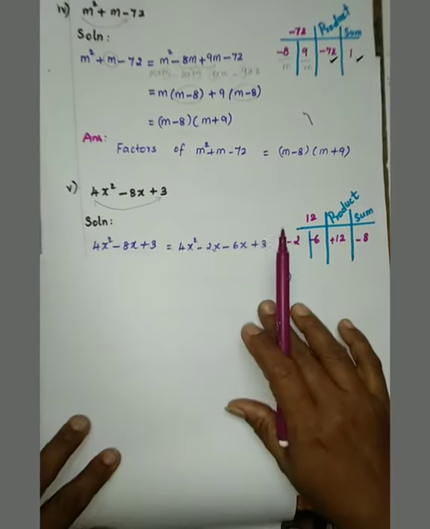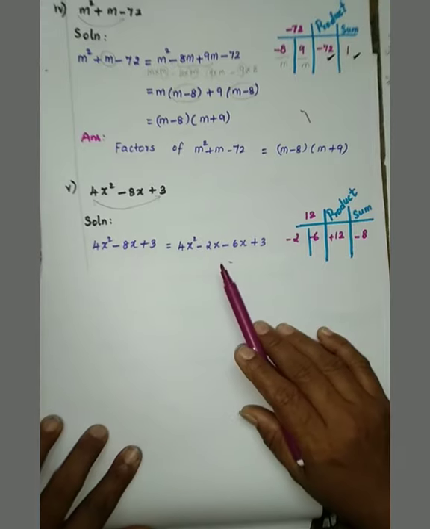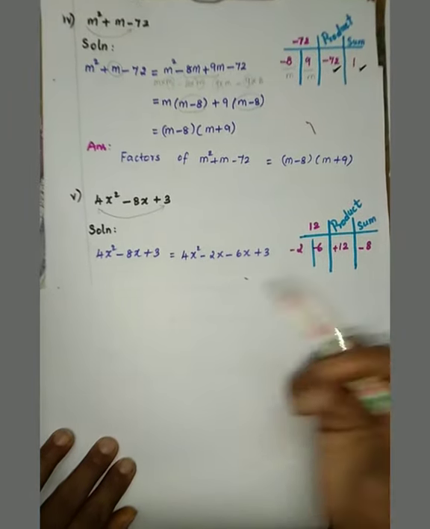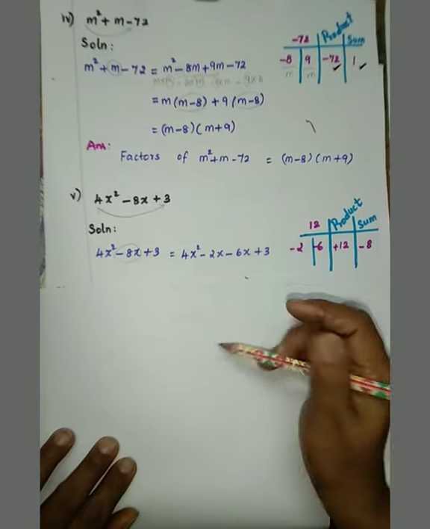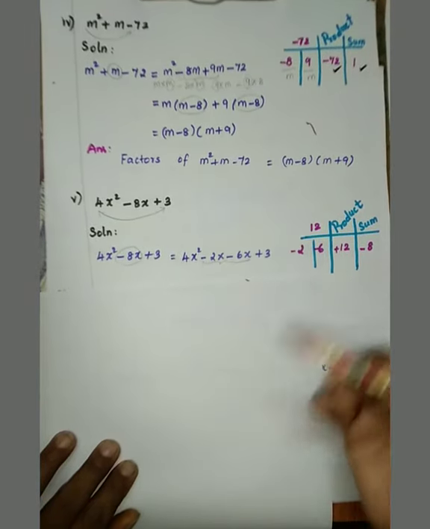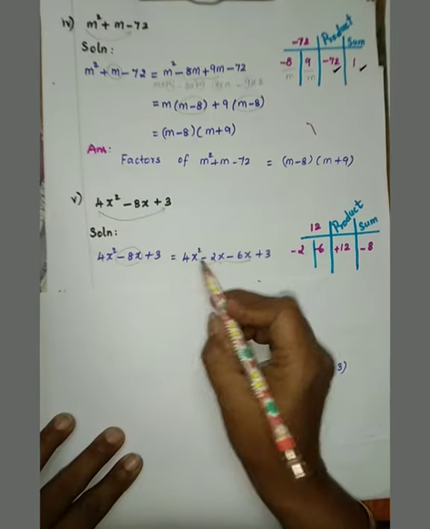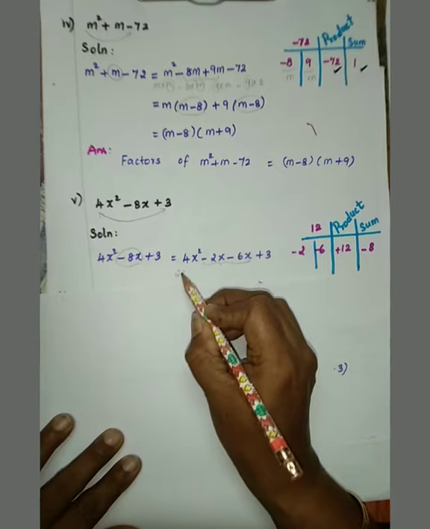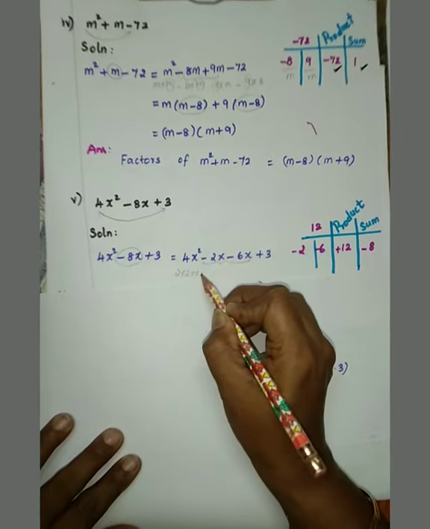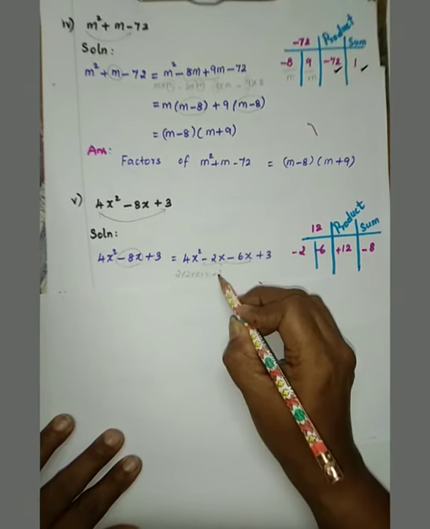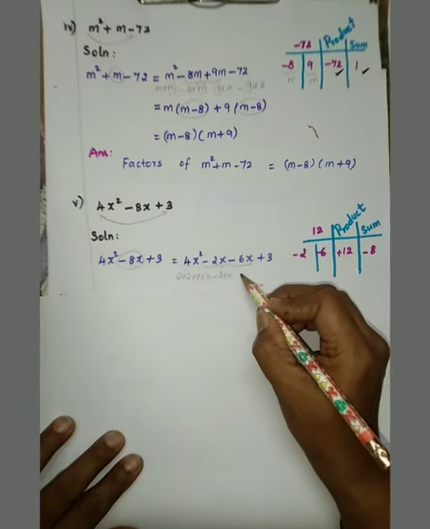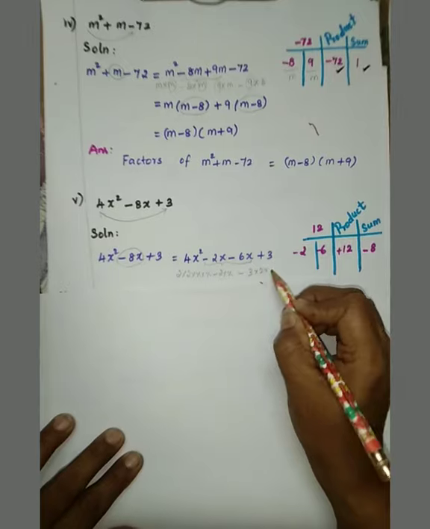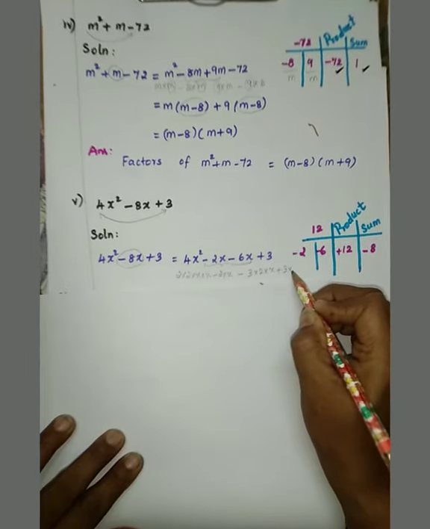So this minus 8x can be written as minus 2x minus 6x. Now we are going to split the numbers. This 4x square can be written as 2 into 2 into x, minus 2 into x. Then minus 6x we can write as minus 3 into 2 into x, plus 3 into 1.